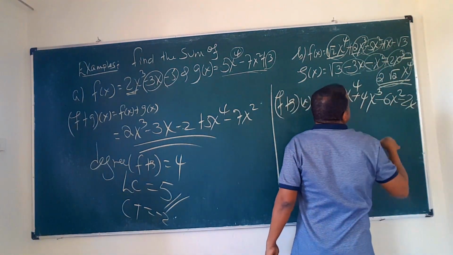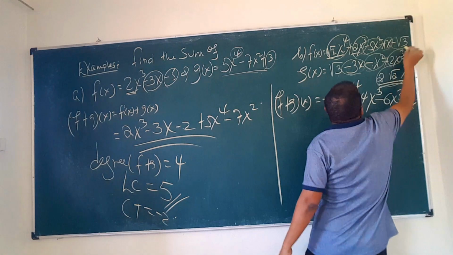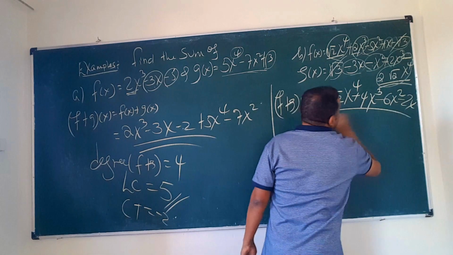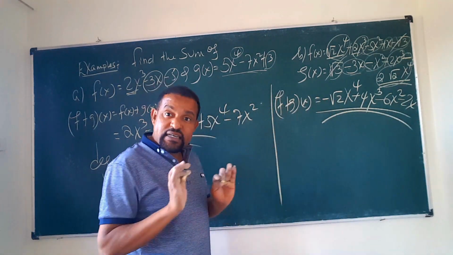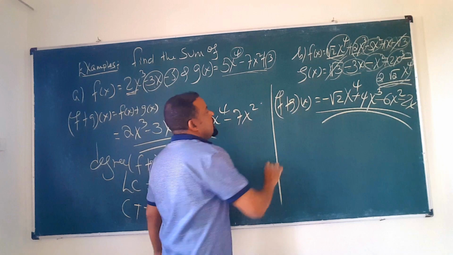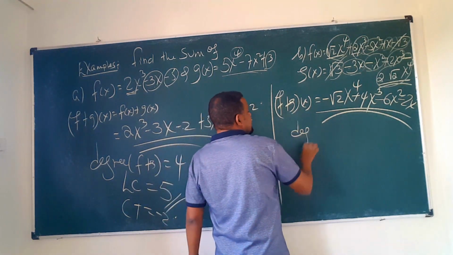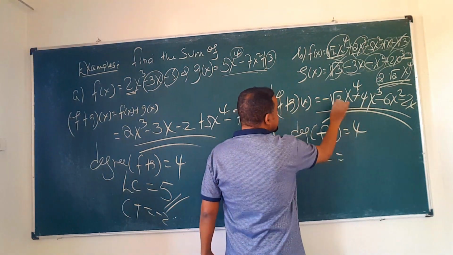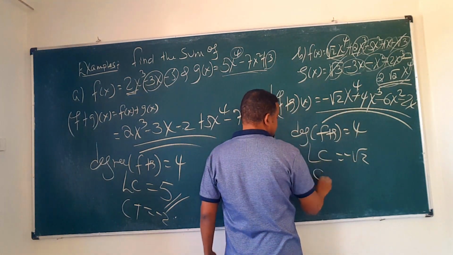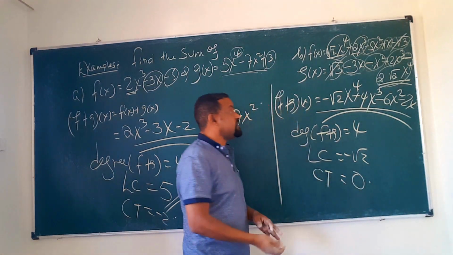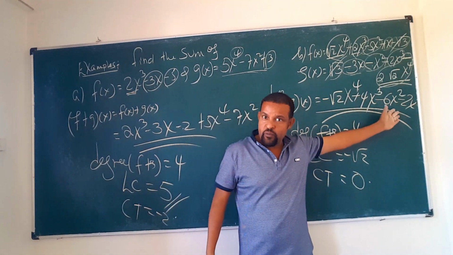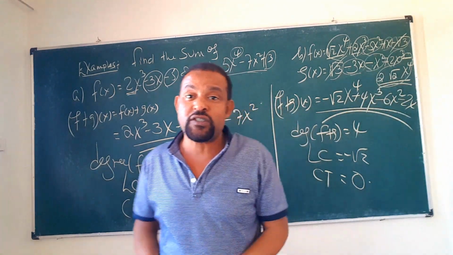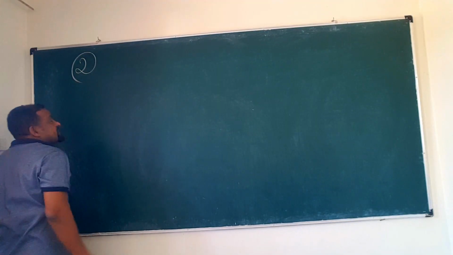For the constant term, negative radical 3 here and positive radical 3 here, so they cancel out. You work it out carefully on a white paper. So what is the degree of f plus g? Which is 4. The leading coefficient is negative radical 2. And the constant term is 0. If no constant term is written, if there is nothing, it is 0. Note that, all right. Here there is no constant term, so it is 0, which is not written as plus 0.